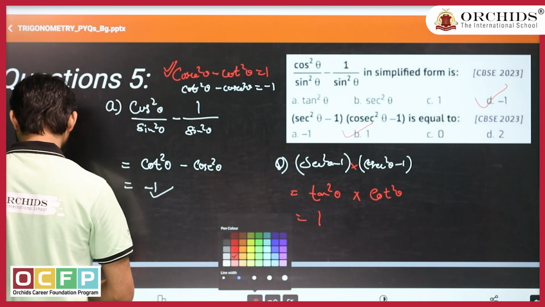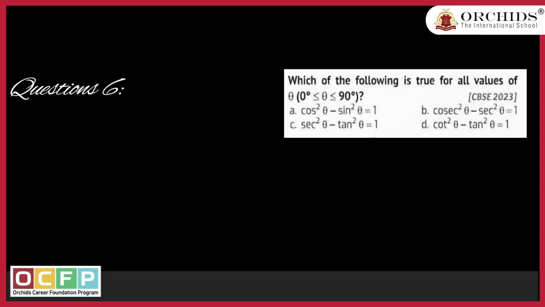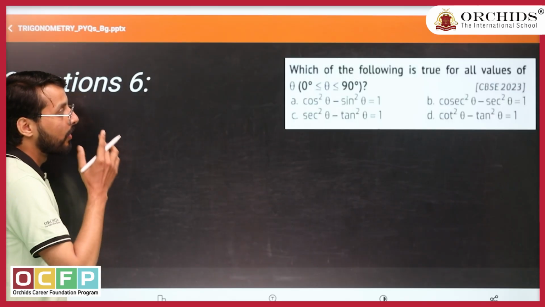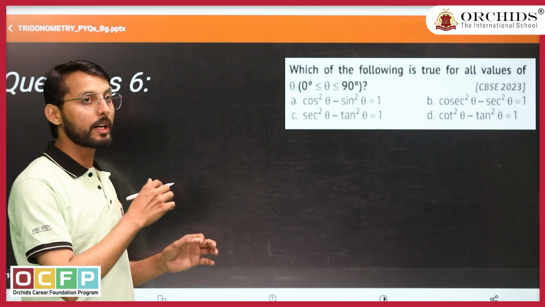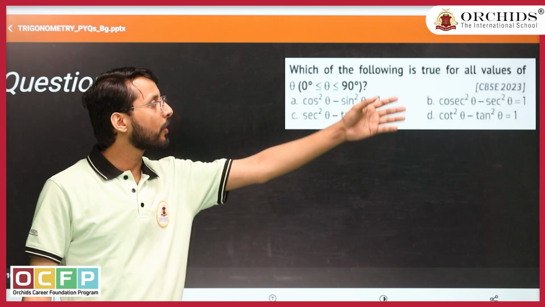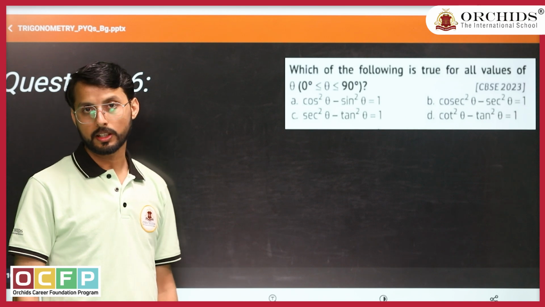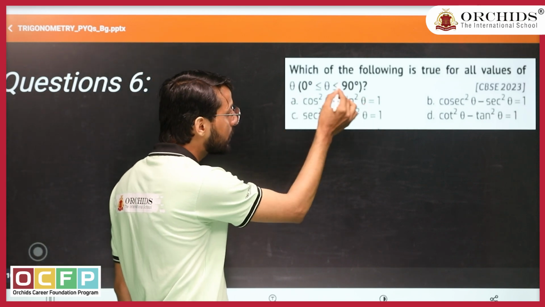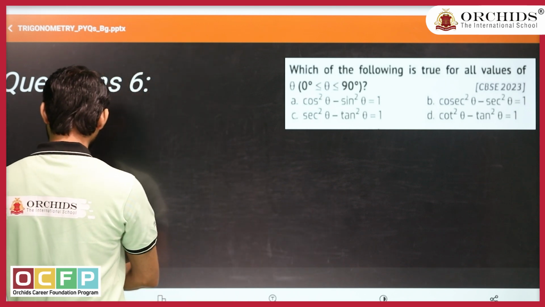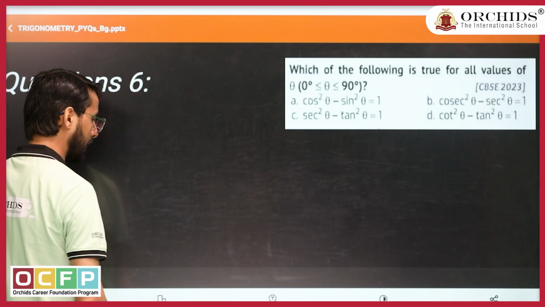What have they asked, let's see. Now, just focus. Instead of writing, think in your brain. Let's see, without writing, can we solve or not? Which of the following is true for all values of theta, where theta lies between 0 to 90, including 0 and 90 also? Can we see they are telling including 0 and 90 also?